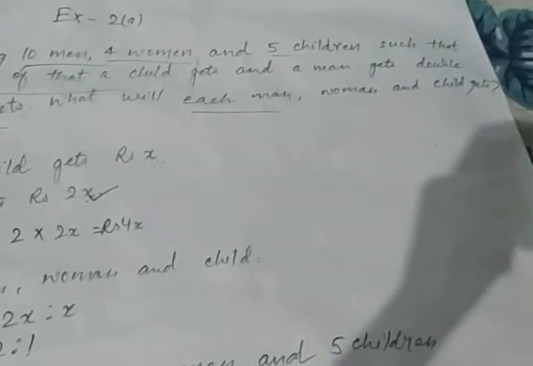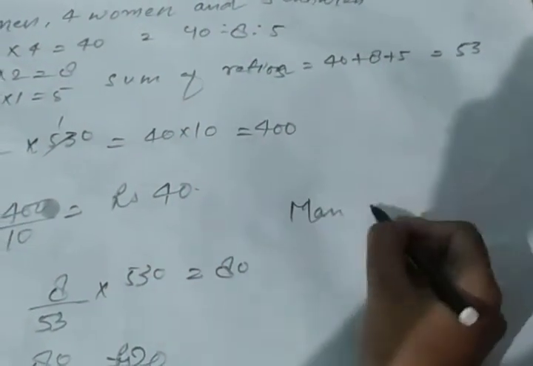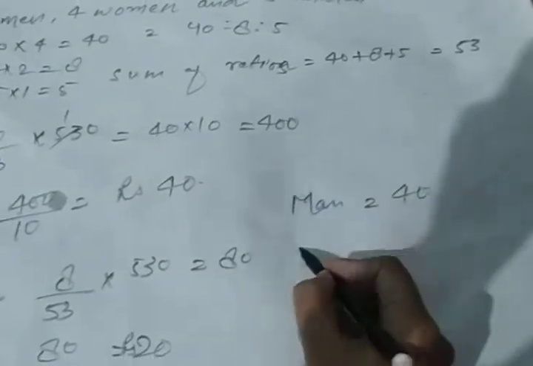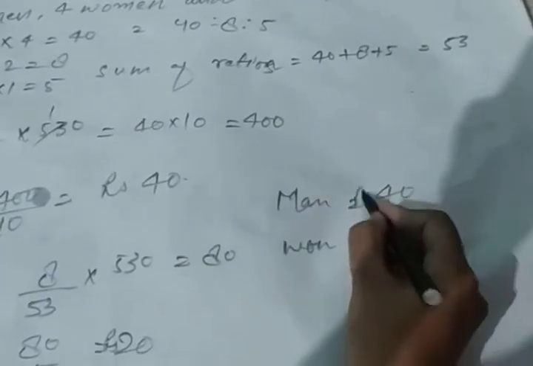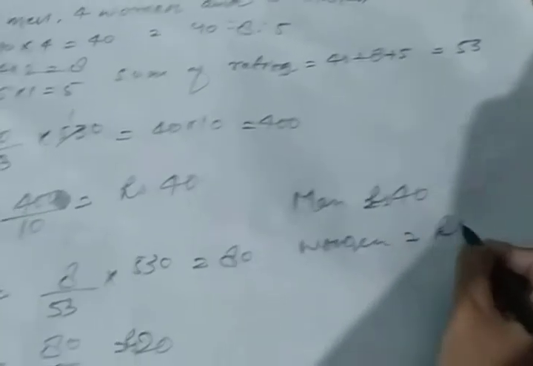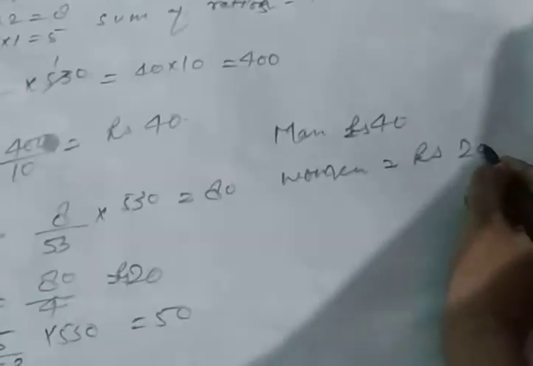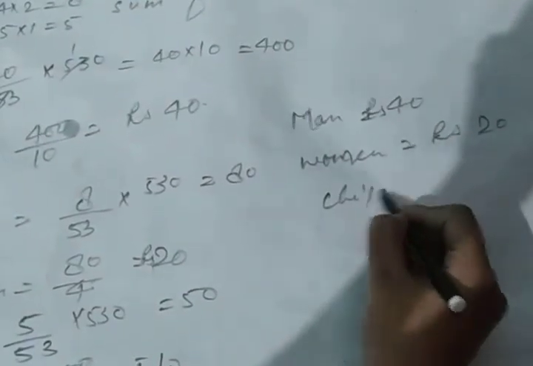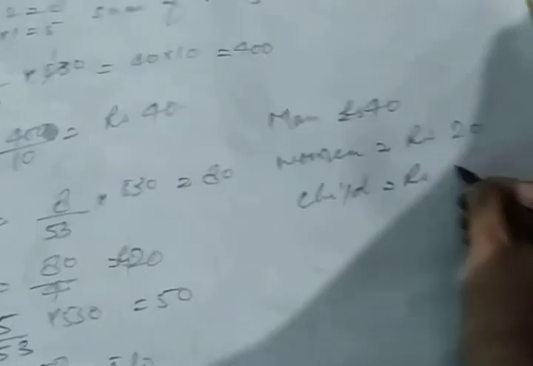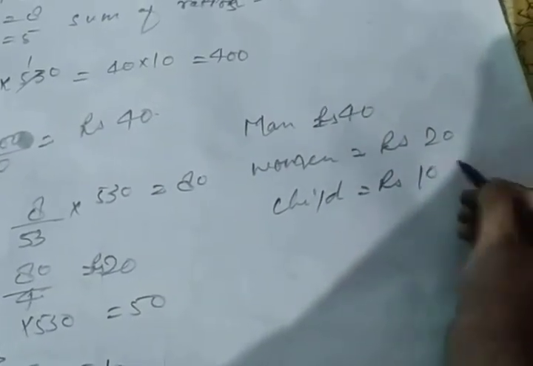We had to find the value for each man, woman and child. Each man gets 40 rupees, each woman gets 20 rupees, and each child gets 10 rupees.